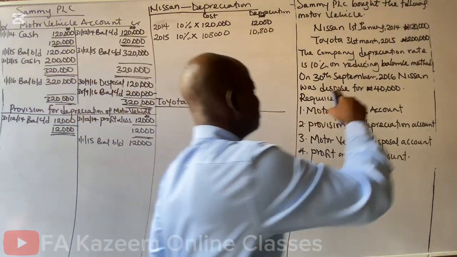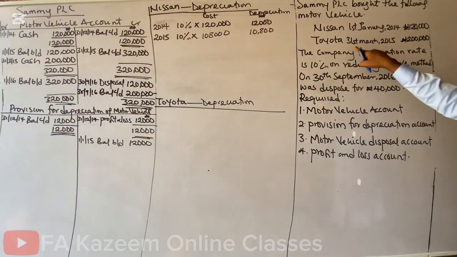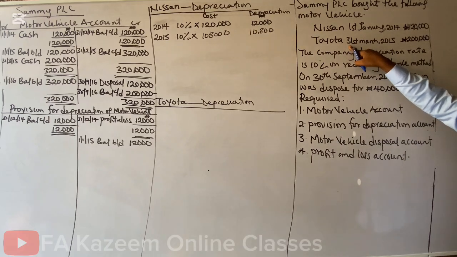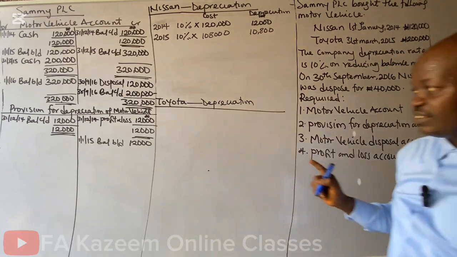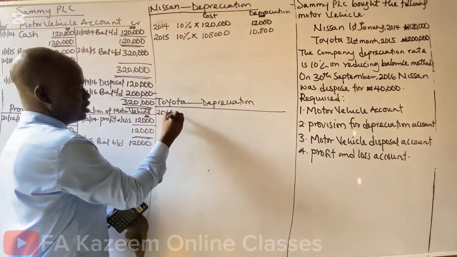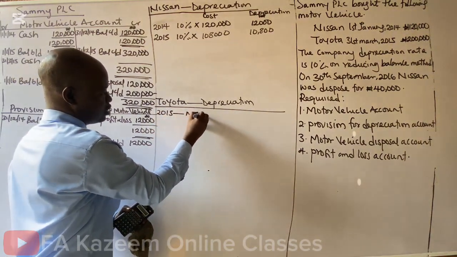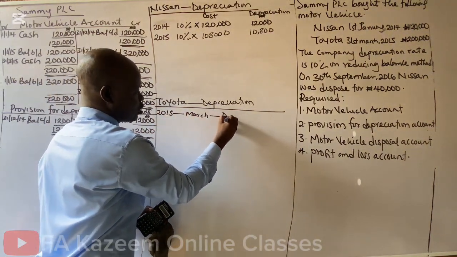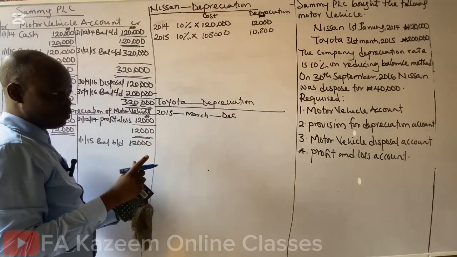The Toyota has been acquired in 2015. And mind you, it was acquired on 31st March. In that case, we are now going to look at March to December of that year.